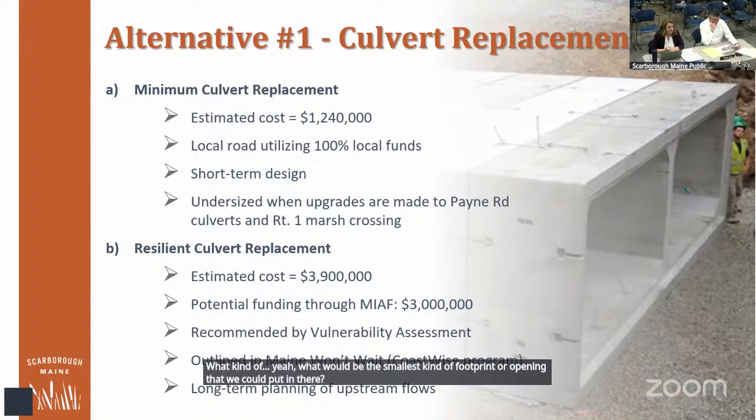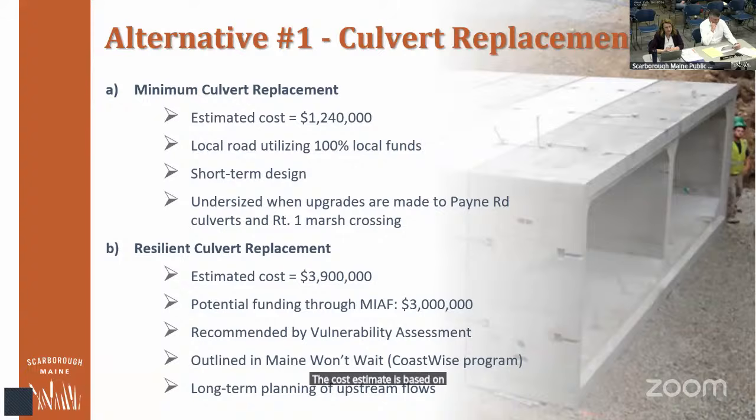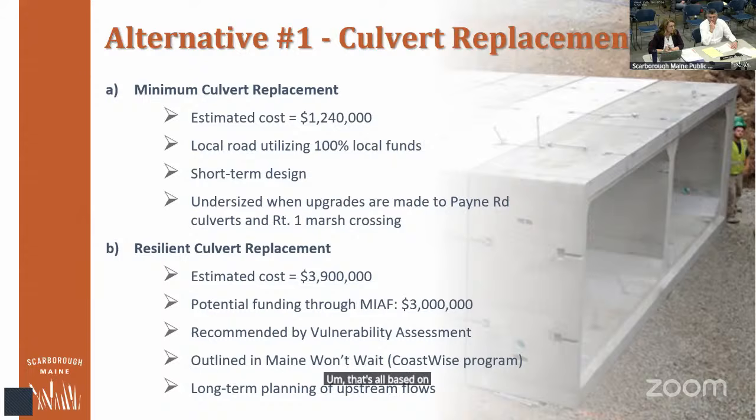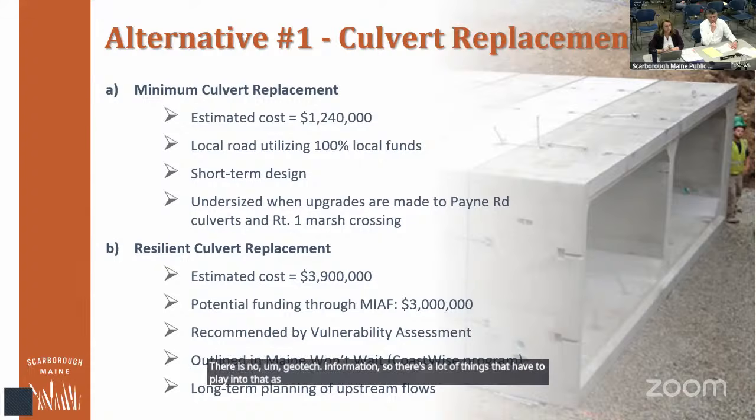The cost estimate is based on our engineer's estimate that came from Atlantic Resource Consultant, and then factoring in some additional costs: construction, design, permitting, other things. That's all based on, it's really a budgetary estimate. There is no design, there is no geotech information. So there's a lot of things that have to play into that as far as the footing and the foundation for a type of structure like this.